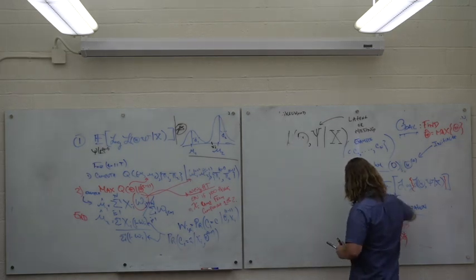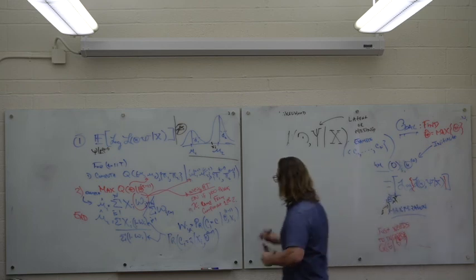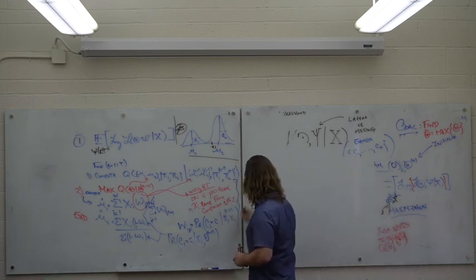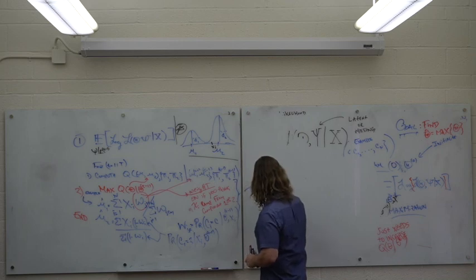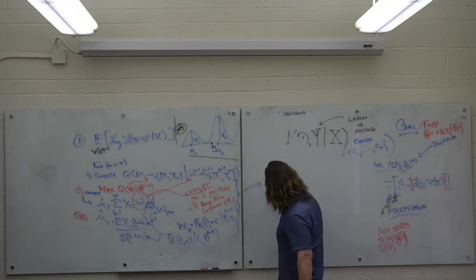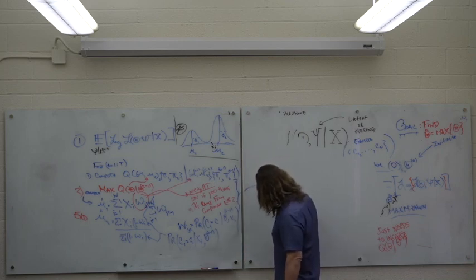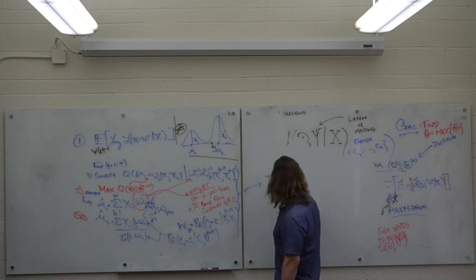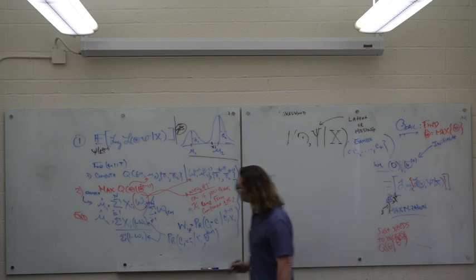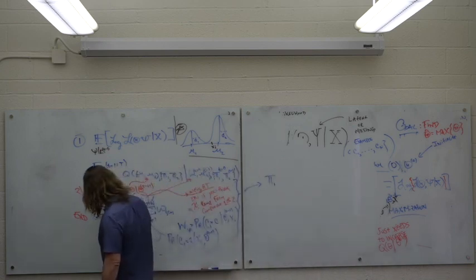So the pi's in all of this, I'll write down pi 1, update, and these are just my updated values.